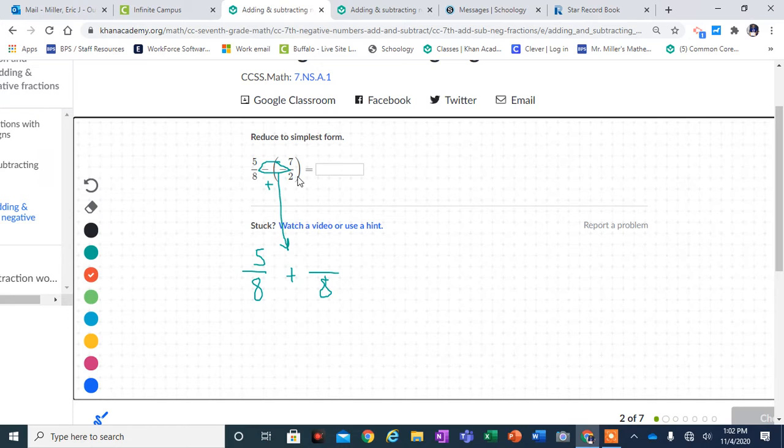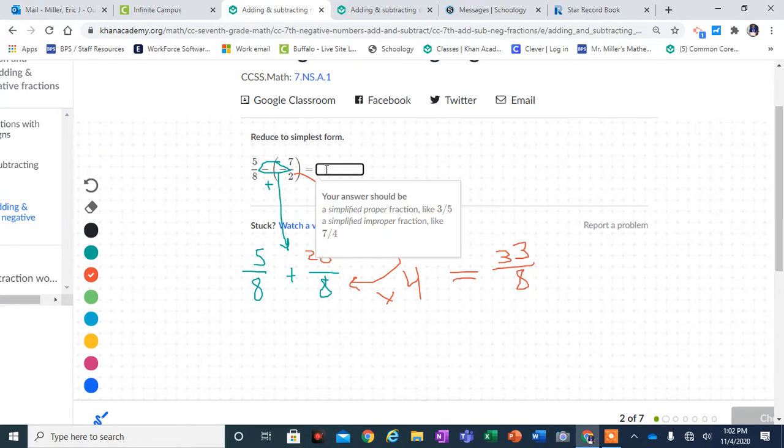So to make the 2 become an 8, we had to multiply by 4. So then 7 times 4 would be 28. So 5 plus 28 should give us 33 over 8, because Khan Academy doesn't have us change it to a mixed number.